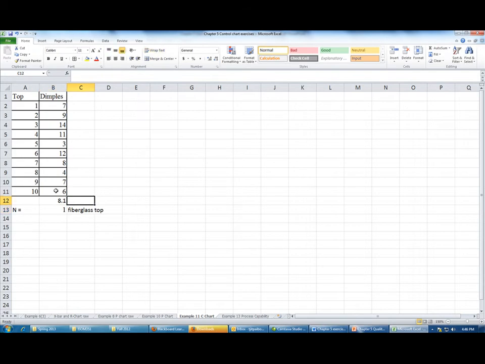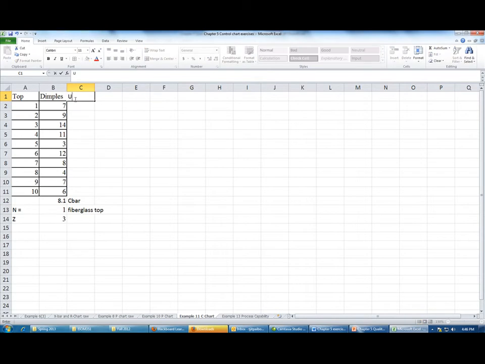We call this C bar. Okay, so upper control, and in this example, sigma or Z equal 3 sigma. So we can use upper control limit C, lower control limit C, center line C, and C count.